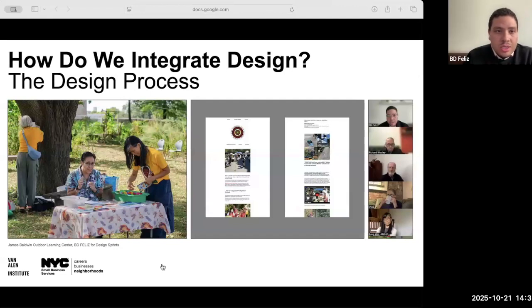So the design process is essentially a structured way to solve a problem where we start from understanding the problem, move to creating a solution, and refine based on how effective the solution was or is at solving the problem. It starts with scoping, which we use as a tool to identify who we're designing for and define our project goals.